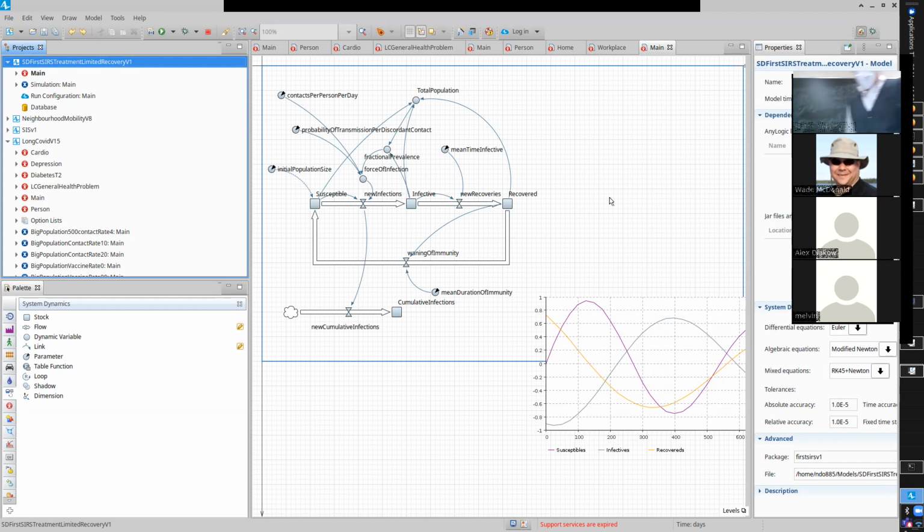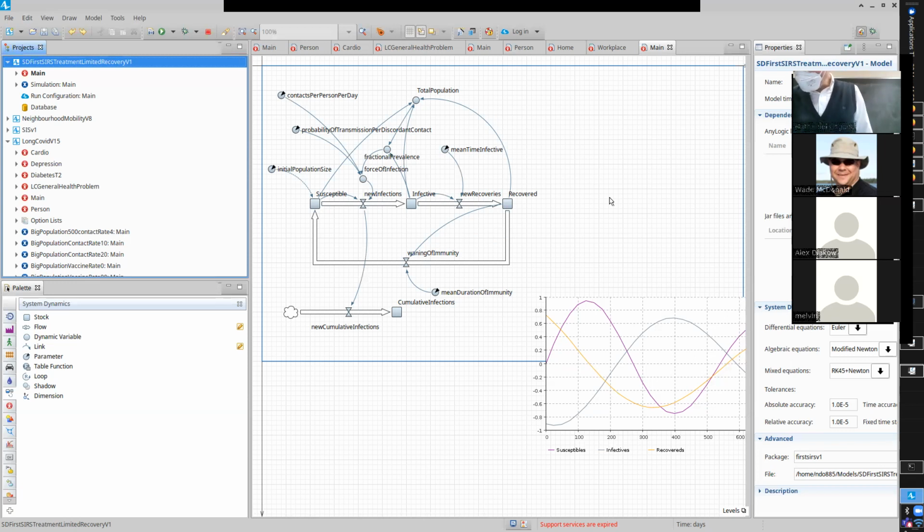And specifically, we're going to change it so that how long someone is infected before they're treated will depend on the availability of healthcare workers.